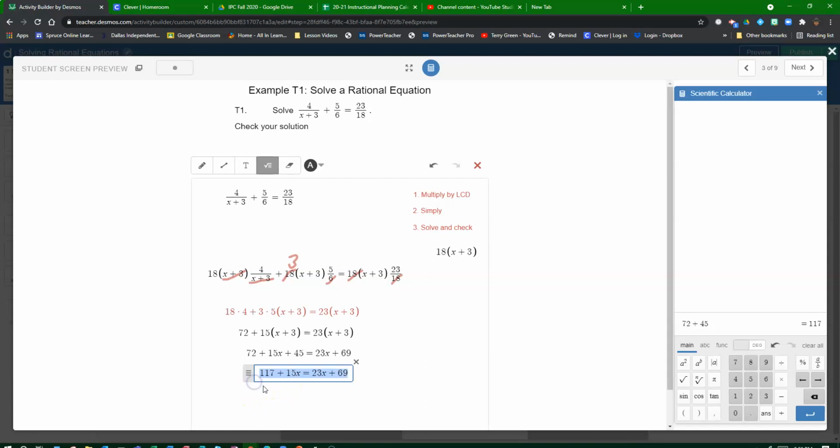So I'll go ahead and show the step here. We come down here, and I'm going to go 117 minus 69 minus 15x. When I do it to one side, I need to do it to the other. So I might as well just copy this over.